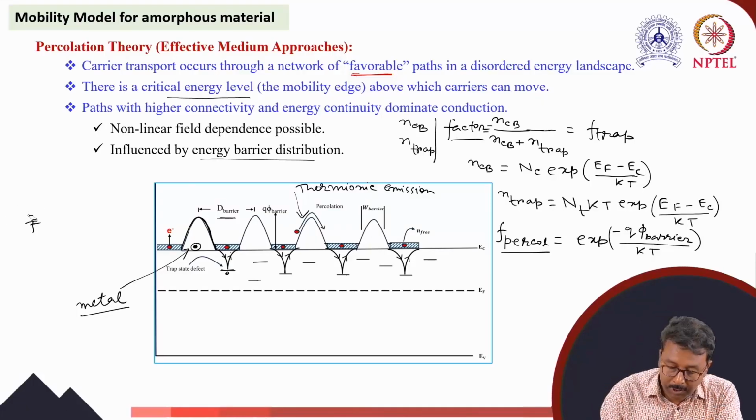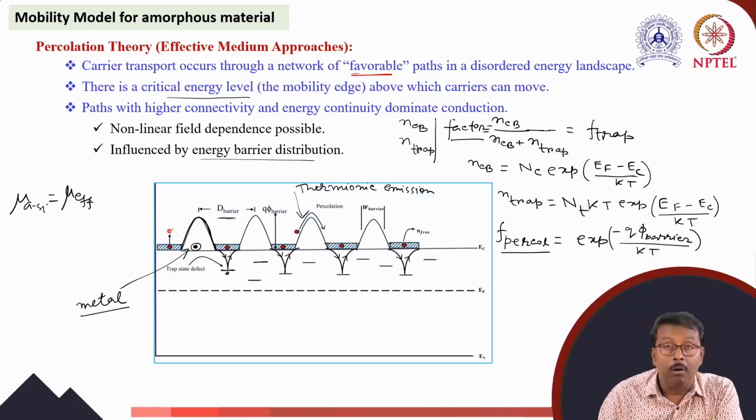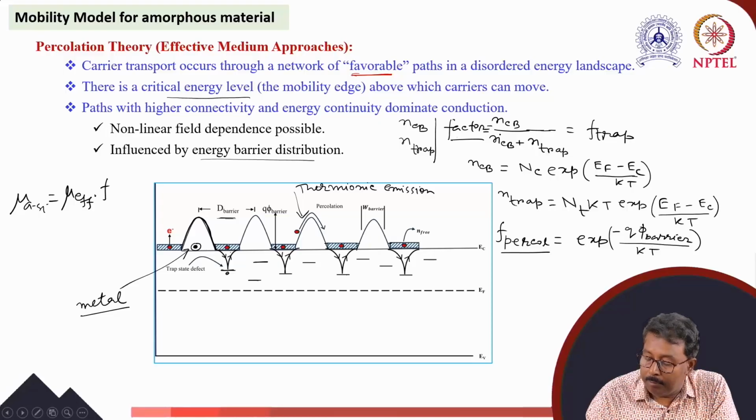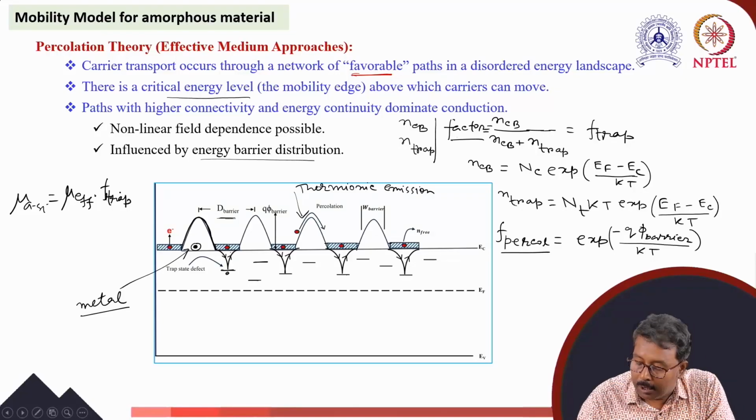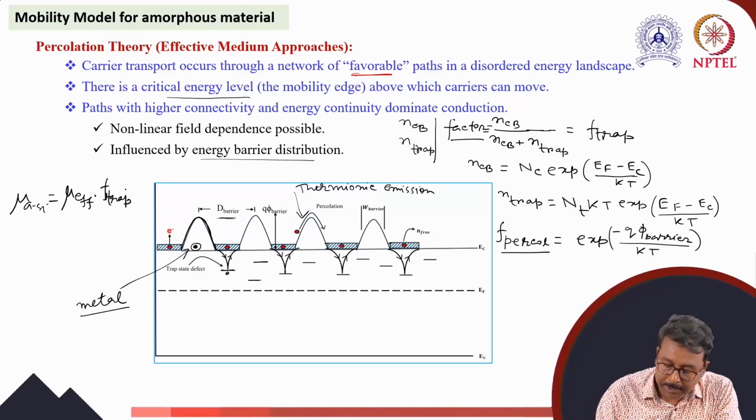So in this model, mu in amorphous silicon will be mu effective, which is already discussed, multiplied by this factor F trap into F percolation.